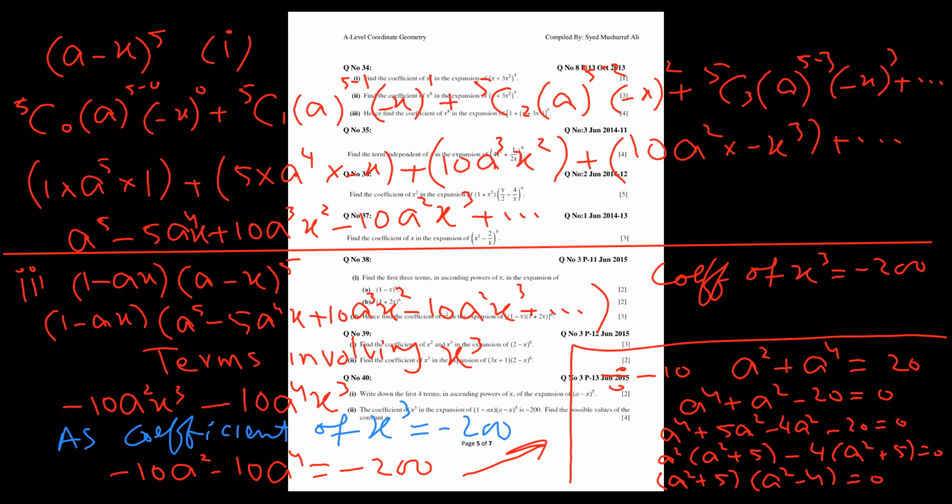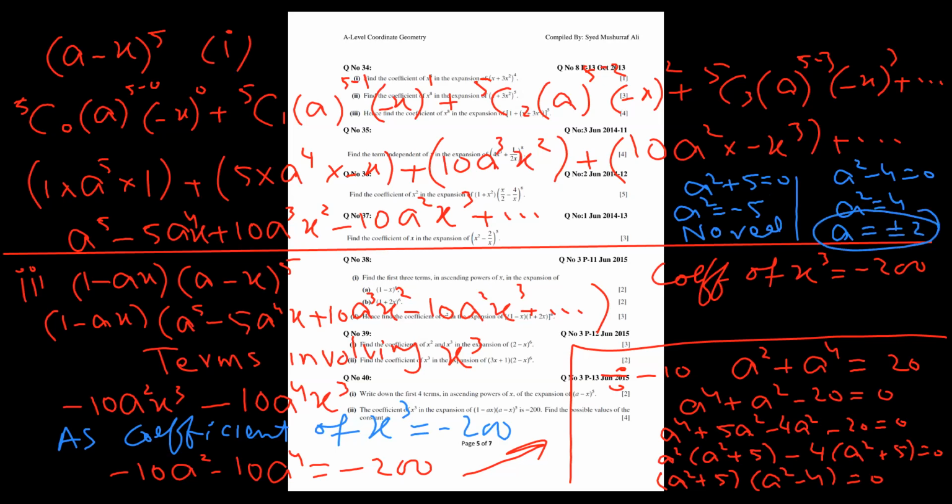First I put a squared plus 5 equal to 0, and second, a squared minus 4 equal to 0. But when I bring 5 to the other side it is negative, and the root of a negative value is a math error, not possible, no real value. But when I take the root of this one, a squared is equal to 4, it gives two answers, plus and minus 2. Don't forget plus and minus. So our answer is plus and minus 2, and the question is completely finished.